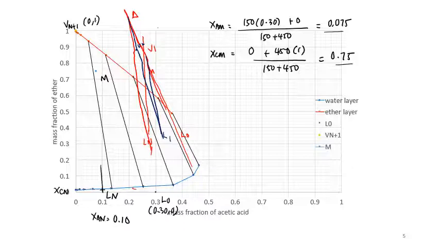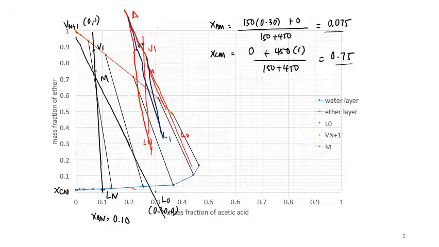Okay, so here is your point V1. And also, if you want to satisfy yourself, you can try to plot the point Vn plus 1, M and L naught. They should lie on the same line, okay? But it's not necessary for now.